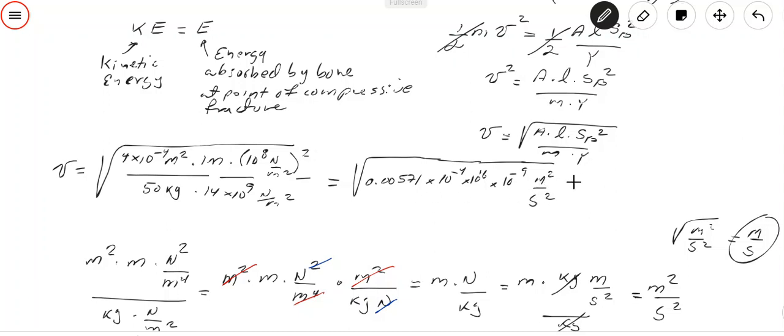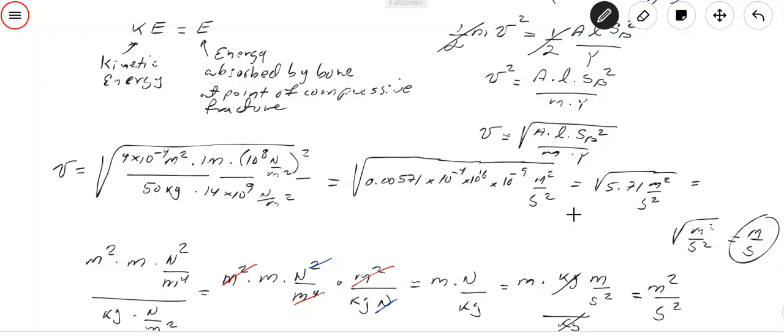So of course, 10 to the negative 4 times 10 to the negative 9 is 10 to the negative 13, 10 to the negative 13 times 10 to the 16 is 10 to the third, and 10 to the third power times 0.00571 will be the square root of 5.71 meter squared over second squared, right?